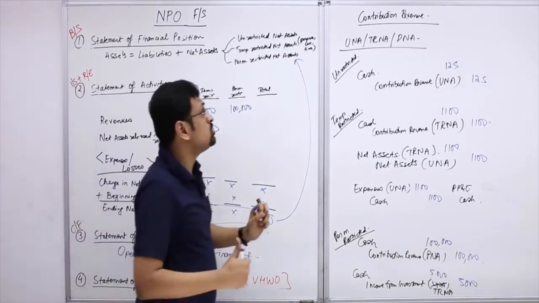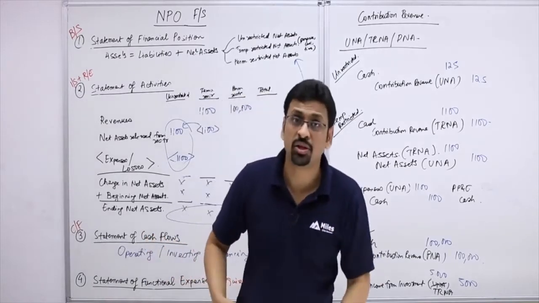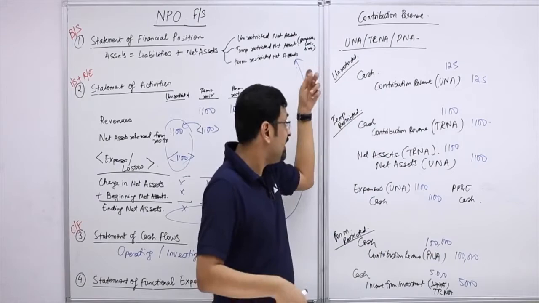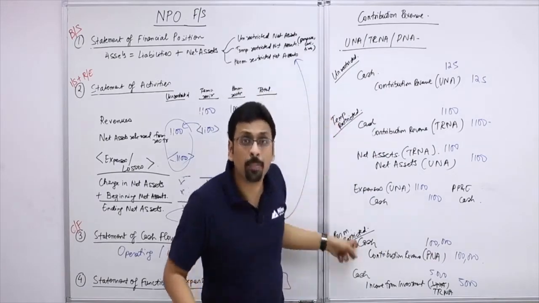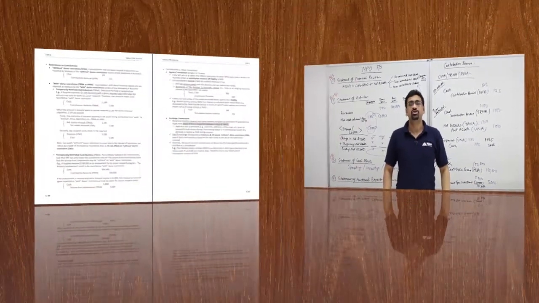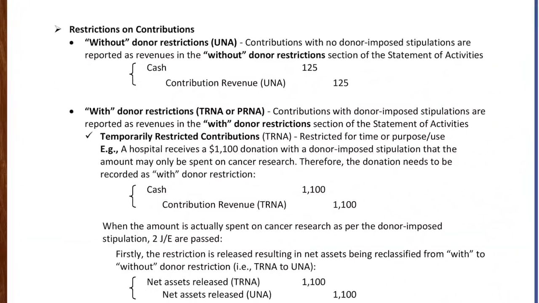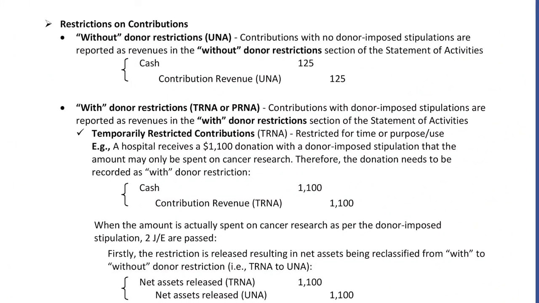So guys, that's the concept of classifying contribution revenue as UNA, TRNA or PNA. Unrestricted, temporarily restricted or permanently restricted. Turn to page 56, where we're looking at contributions without as well as with donor restrictions. Highlight without donor restrictions or UNA.